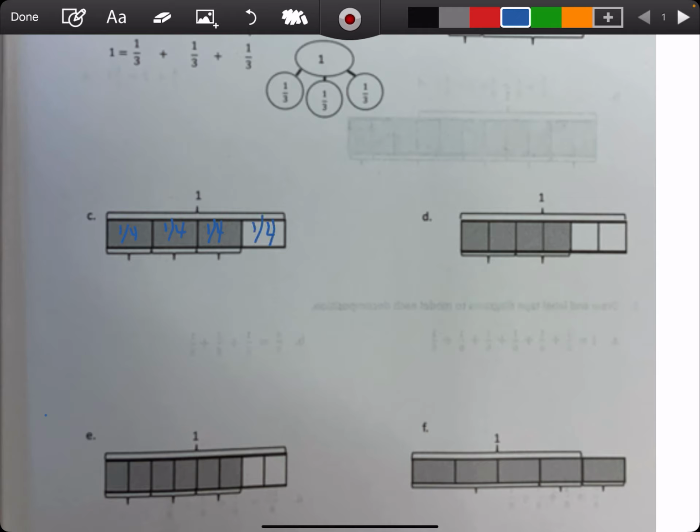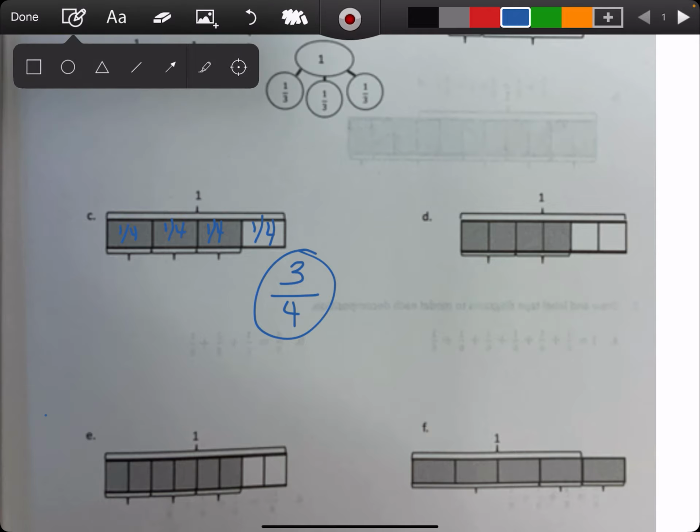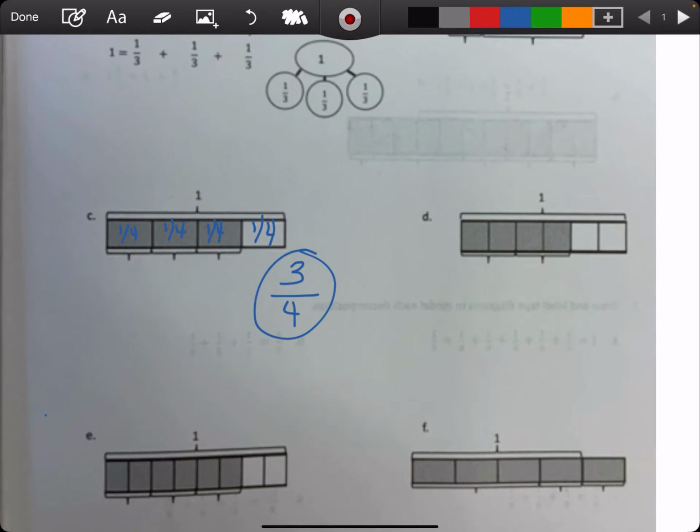However, how much is shaded in? 1, 2, 3. 3 of those pieces. So 3/4 is shaded in. So 3/4 goes in the top of my number bond. And how am I decomposing the 3/4? Well, I'm going to look, and when you look, you see these little tick marks? They broke it up into this piece, and this piece.